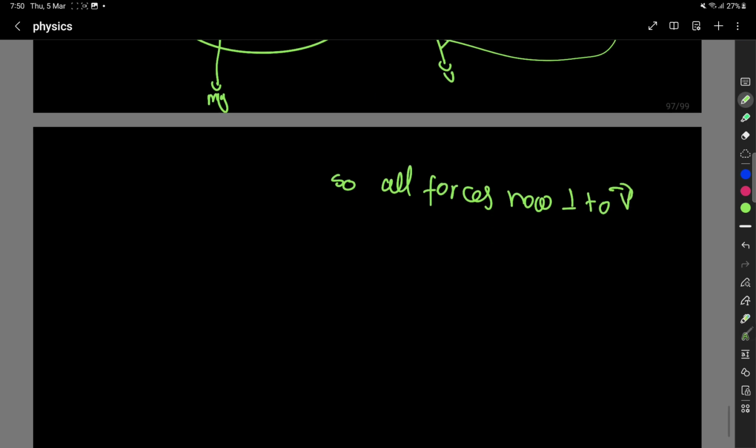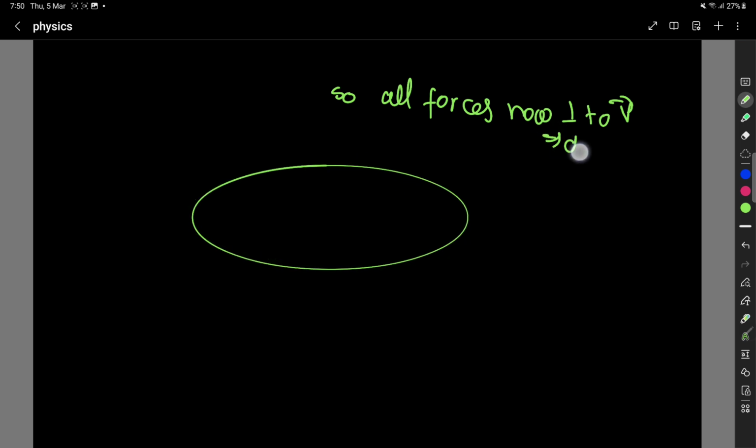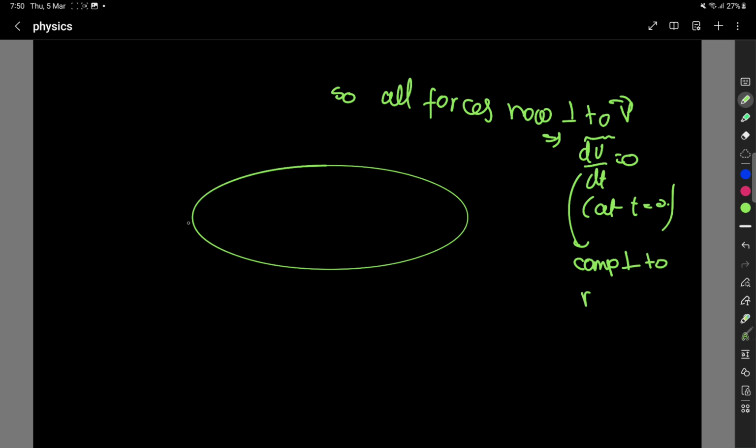So now, this implies dv naught at t equals 0. Component and perpendicular to radius.